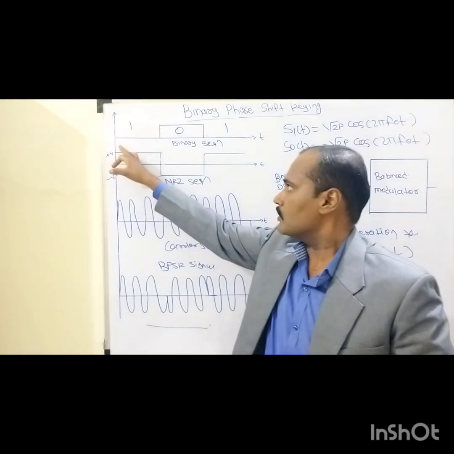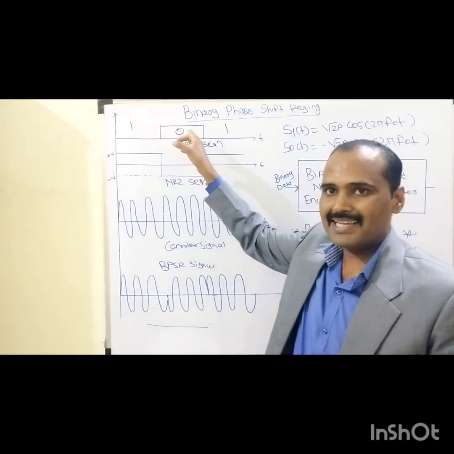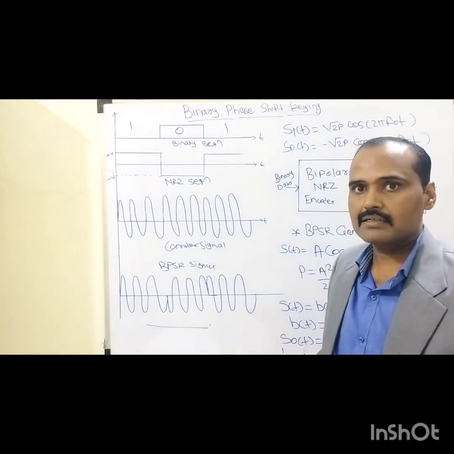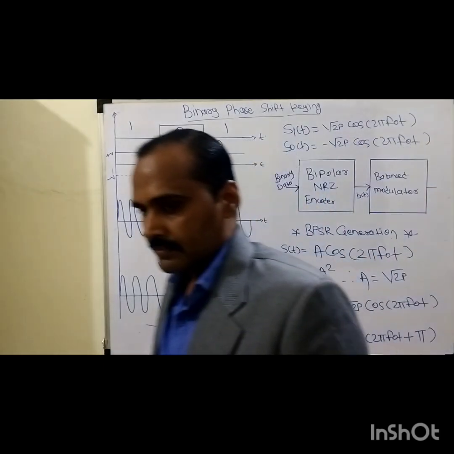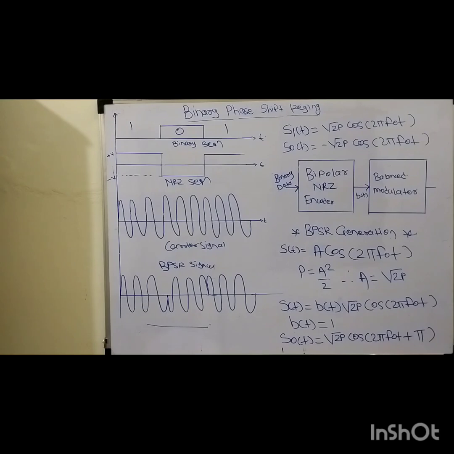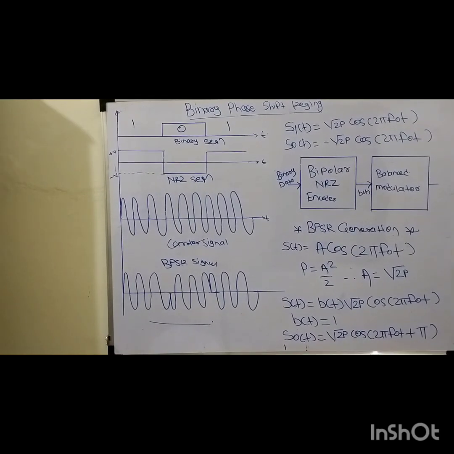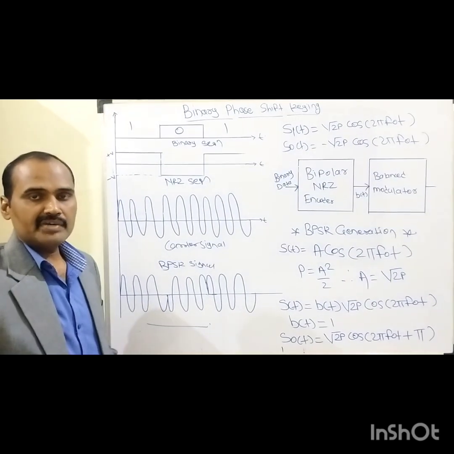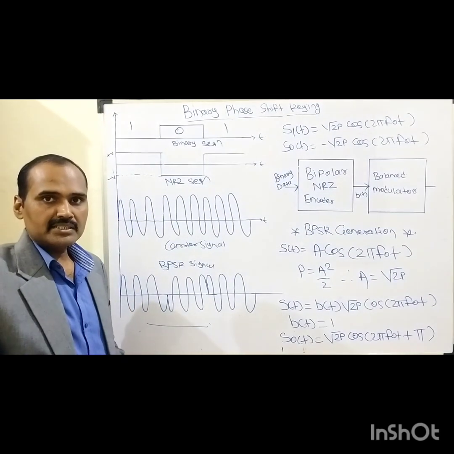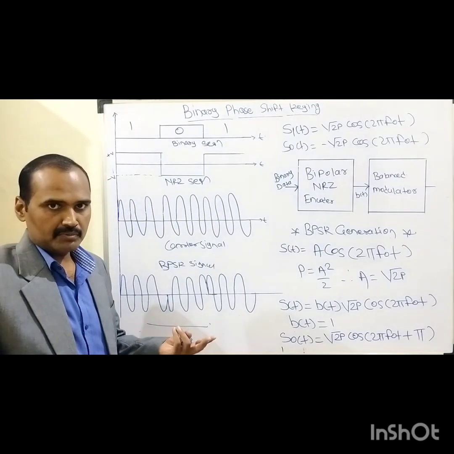This is the bit duration for 1 as well as 0, which is mentioned in terms of seconds, right? So in case of binary phase shift keying, the modulating symbol sequence consists of two different symbols, 0 and 1, right?